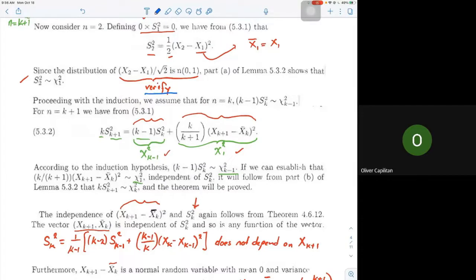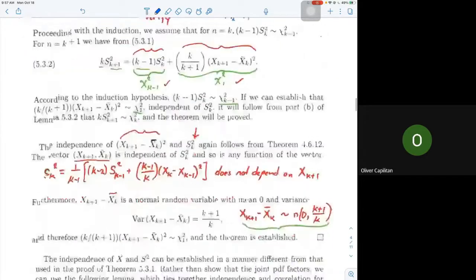Actually, ang result nito, the result for this, we have x sub 2 minus x sub 1. Okay, we have that, no?